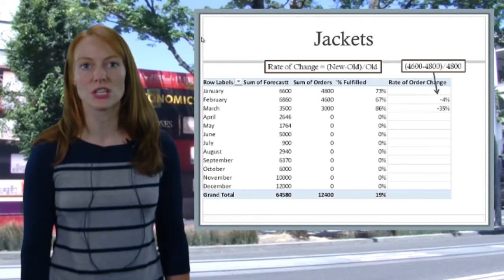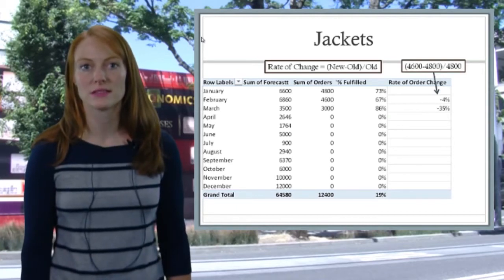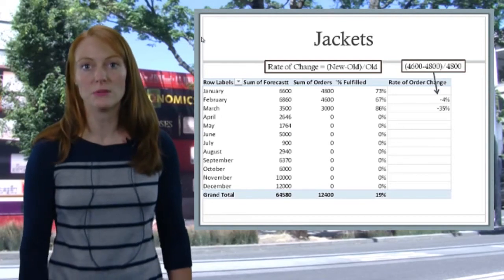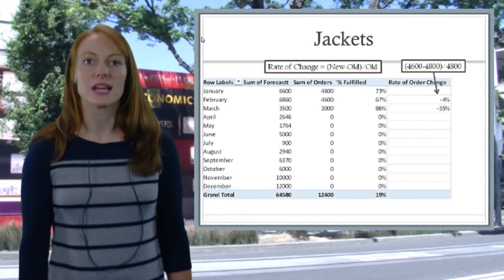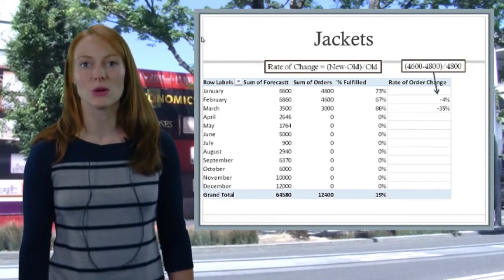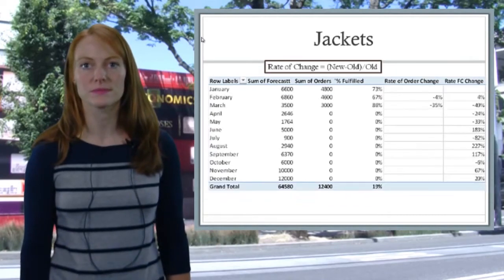My orders from January to February actually decreased 4%. When I look into March, they actually decreased 35%. It's not a lot of data points, but once again, we know that our orders are going down, and we don't necessarily have a very clear picture of how quickly they're going to go down.